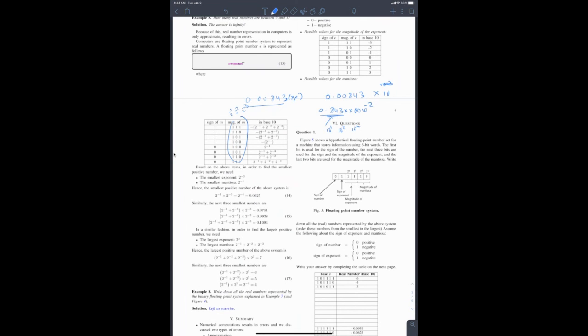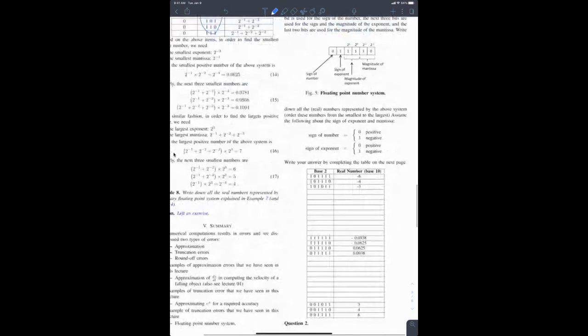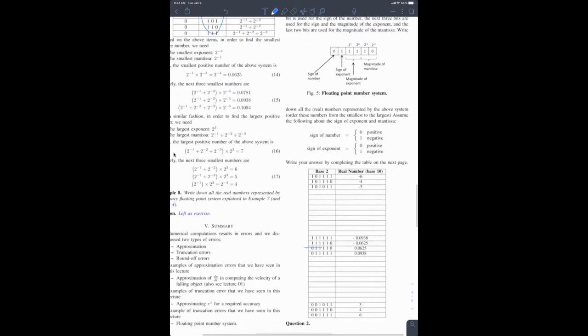The question on figure 5 shows a hypothetical floating point number set for a machine that stores information using 6-bit words, very similar to the one in the lecture notes. The question is to write all the possible numbers. You are already given the minimum number, and there are two ways.